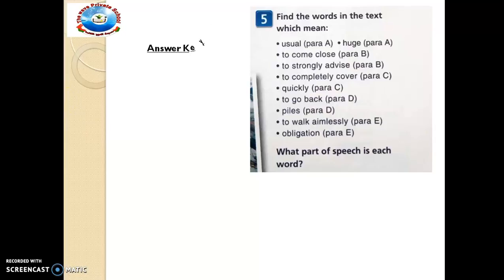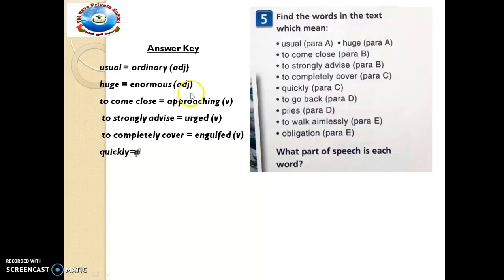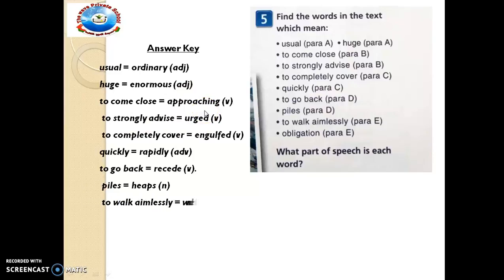Okay? What is the synonym of usual, ordinary, and what part of speech is it? An adjective. Huge is enormous and is an adjective. To come close is what? Approaching. I'm approaching you. I'm coming close to you.